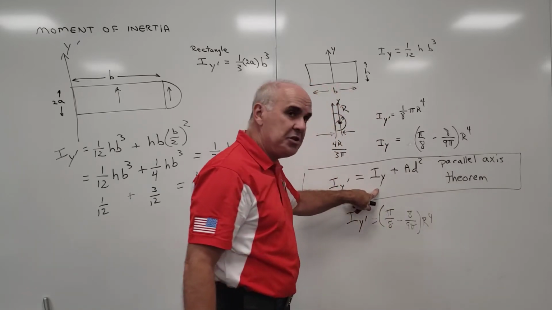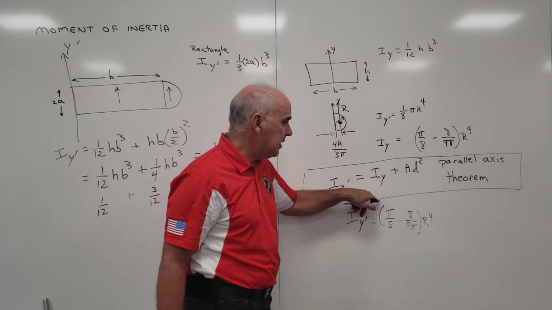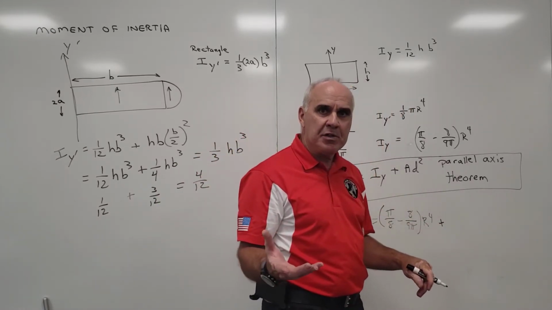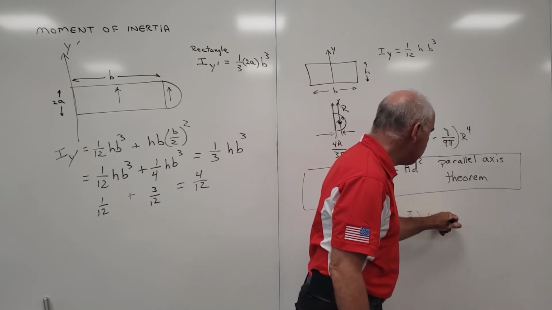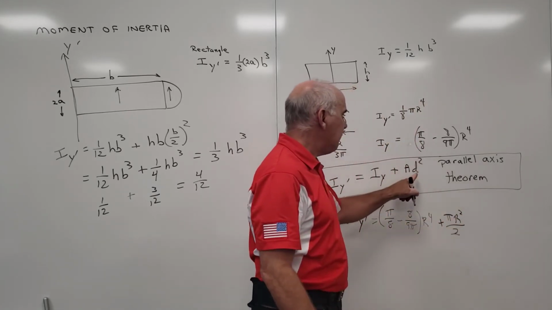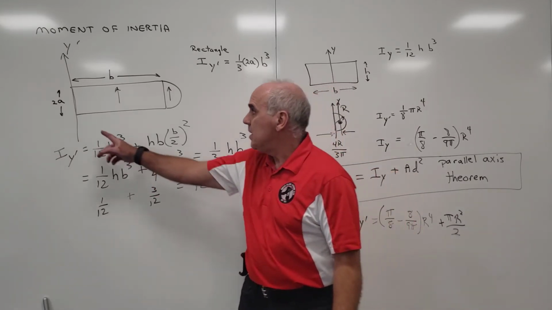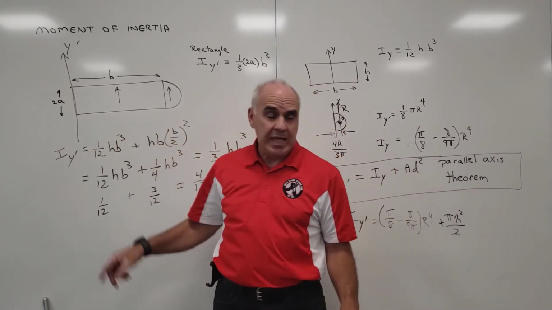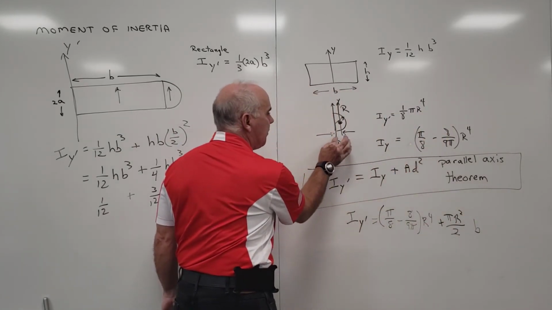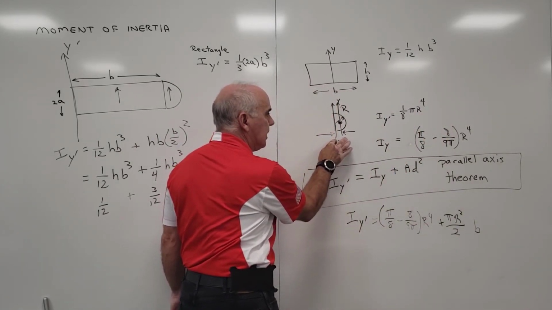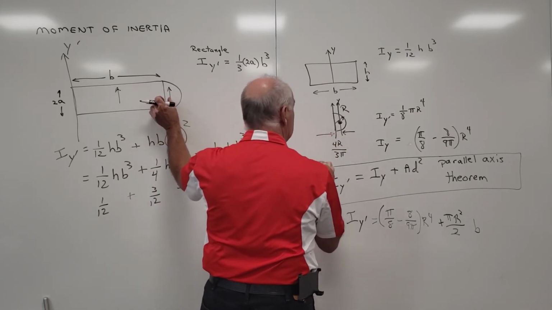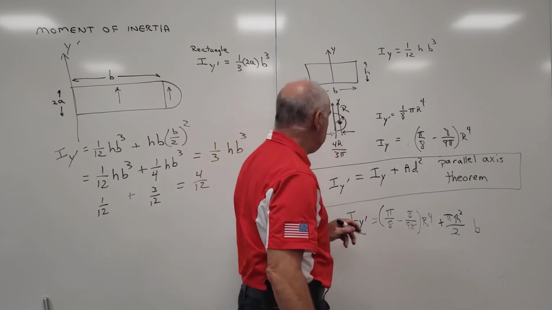That's the moment of inertia through the center of mass of the semicircle, plus the area, but it's just a semicircle, so that's pi r squared, but then over 2, because it's a semicircle, not a circle. So pi r squared over 2 times the distance. Well, the distance is b, that distance right there, plus the distance from the edge of the rectangle, in other words, this distance in here. So that's going to be 4r over 3 pi.